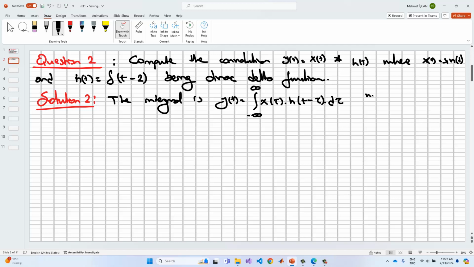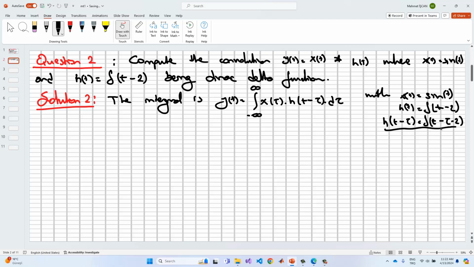We know that x(t) equals sin(t) and h(t) equals delta(t minus 2). But remember that we have t minus tau in here, so h(t minus tau) is delta(t minus tau minus 2).